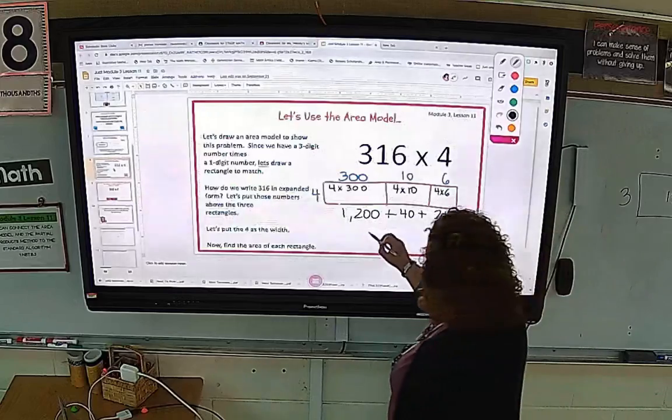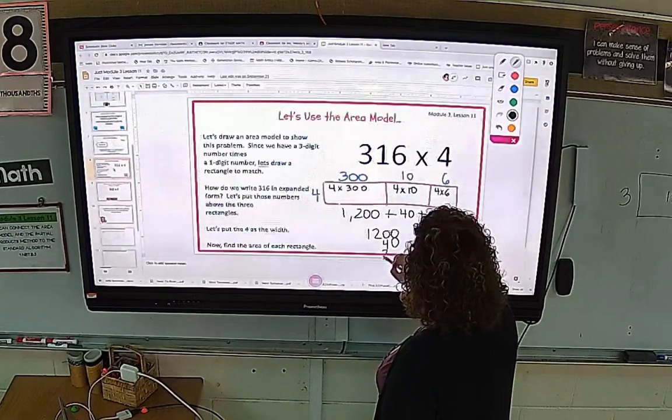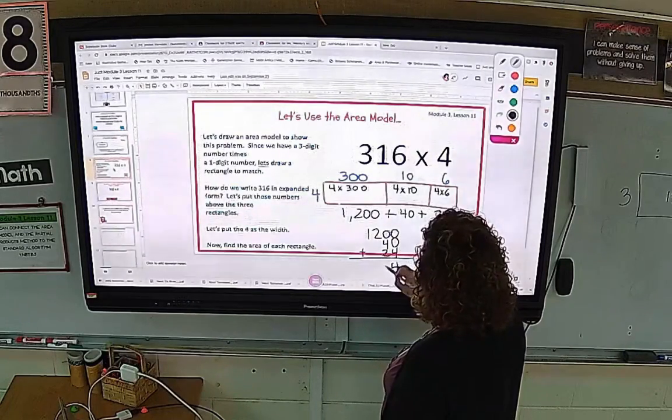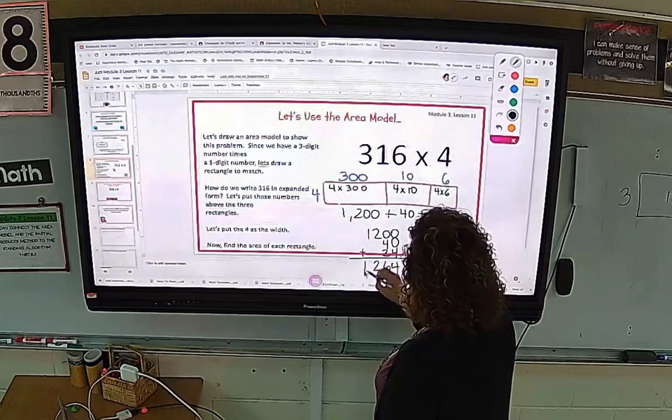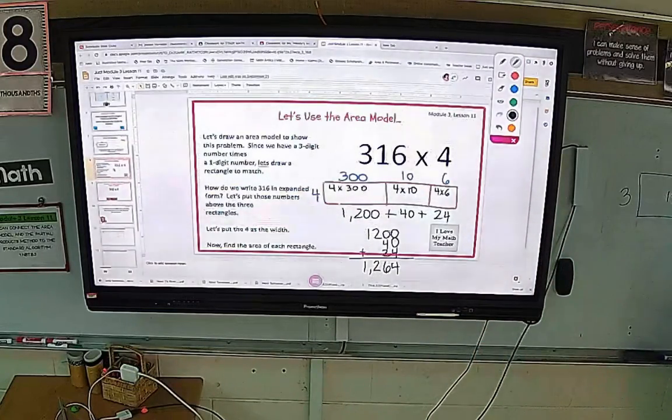We've got 1,200 and a 40 and a 24. Gotta make sure you line up your numbers correctly. 1,200 is a lot bigger than 40.